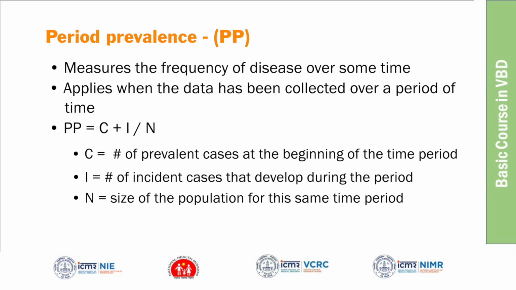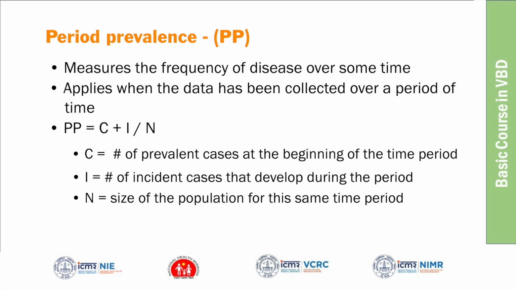So what is the formula? Period prevalence is C plus I divided by N, where C is the prevalent cases at the beginning of the time period, and I is the incident cases that will newly develop. For example, I want to know the 2-year period prevalence of hypertension in the area in and around NIE.